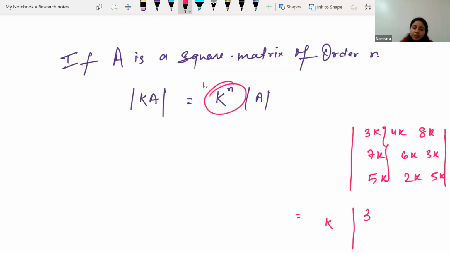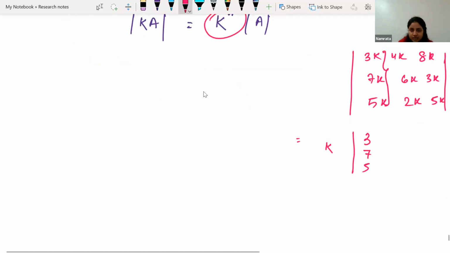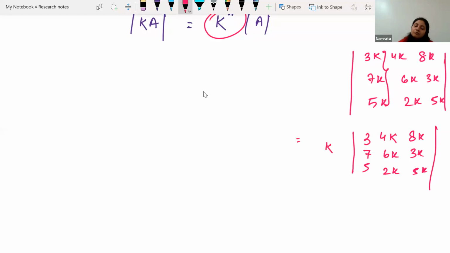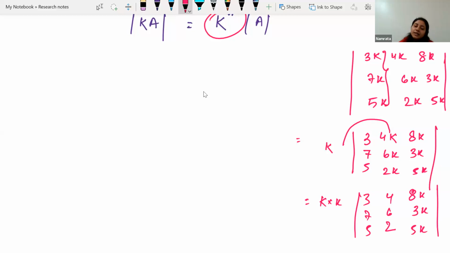The first column became 3, 7, 5. At the same time you can take out all of the k common, but just for the concept I am doing it one by one, so that it will make sense to you. Like this, 8k, 3k, 5k, and then we will be taking out k from the second column, so it will be k into k, 375, 462, and the third column k is still there, and that also we will be taking out common.